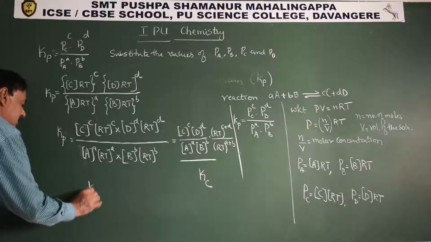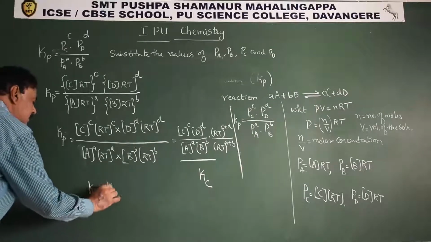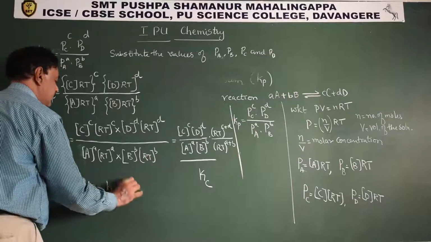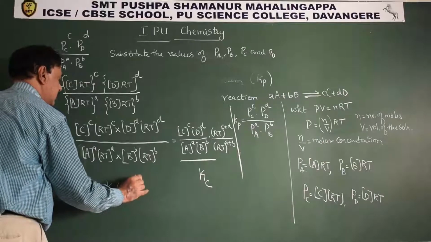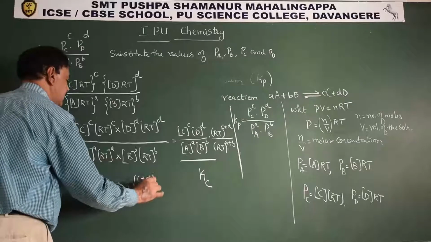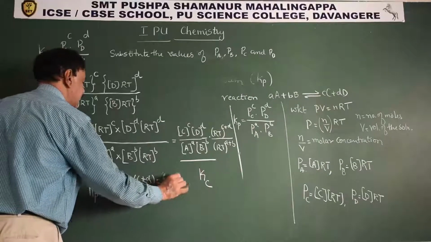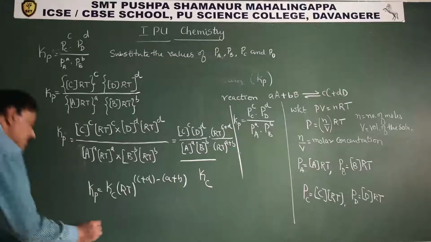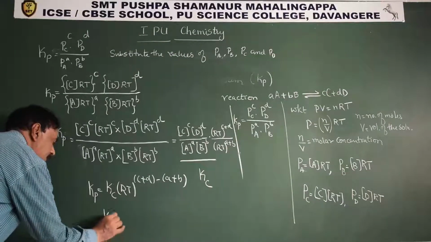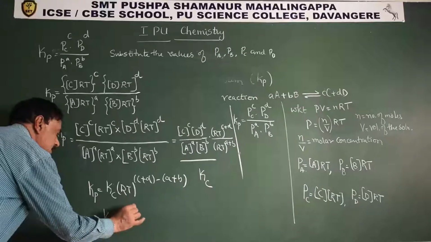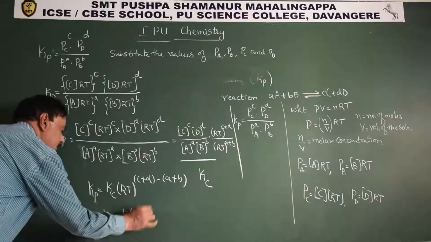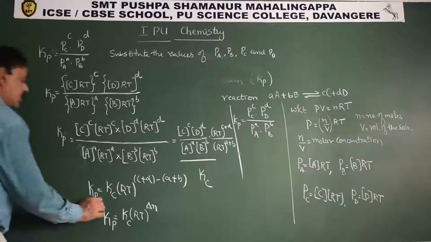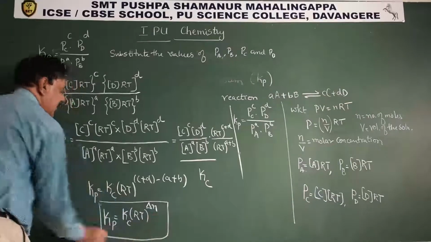Therefore, Kp is equal to Kc into RT to the power of (c plus d) minus (a plus b). That is given by Kp is equal to Kc into RT to the power of delta n. What do you mean by delta n?